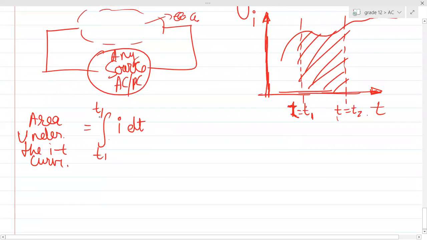And what is this? Current with respect to time we are integrating, is it the charge which is flowing?